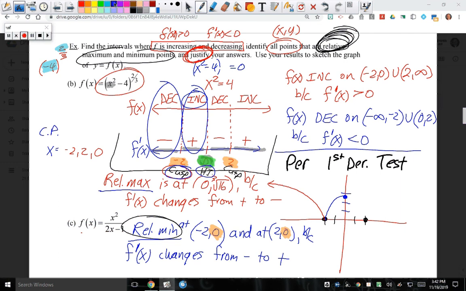Together again. We're going to decrease from a horizontal tangent to a cusp from 0 to 2. So decreasing from a horizontal tangent to a cusp will look like that. And last but not least, we will increase from a cusp for the remainder. That could be the graph of what we just did.